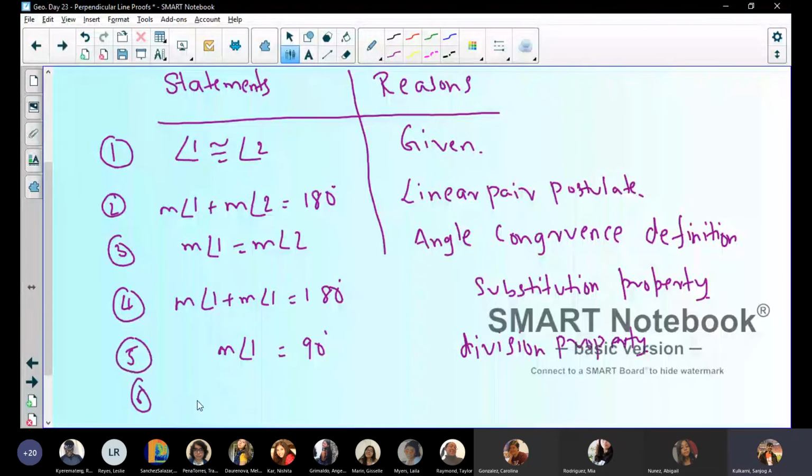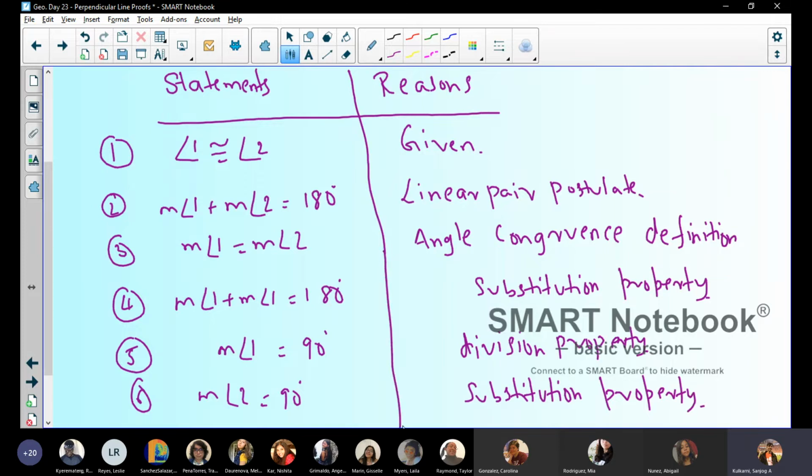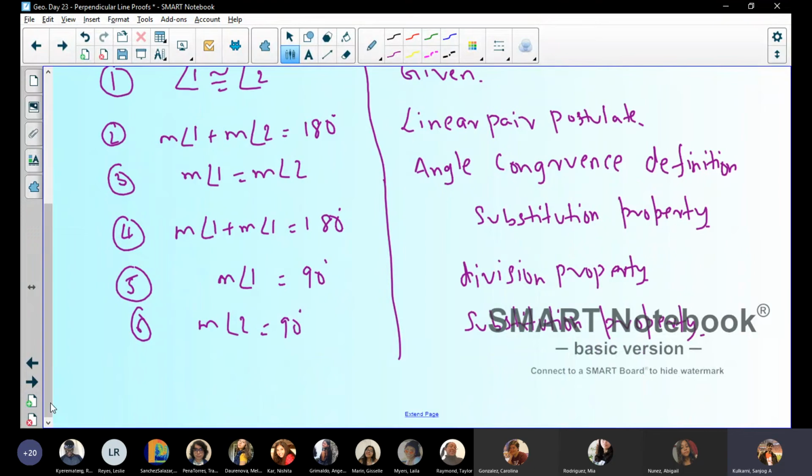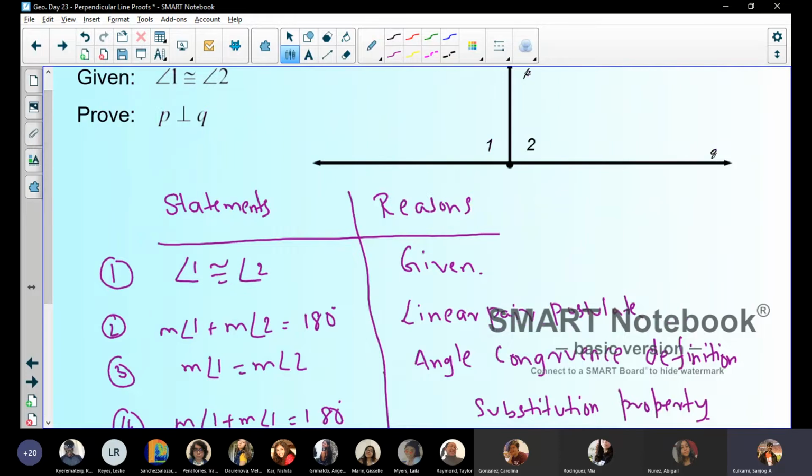And I also have measure of angle 2 equals 90 degrees by the substitution property once again. So if we have two angles that are 90 degrees and they are a linear pair, then they will be perpendicular. So by the definition of perpendicular lines, we can say that P is perpendicular to Q.